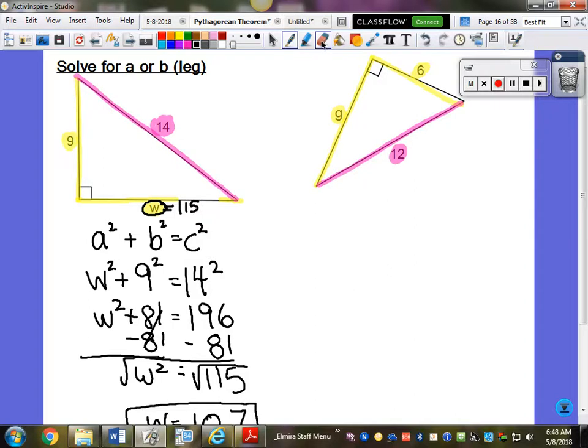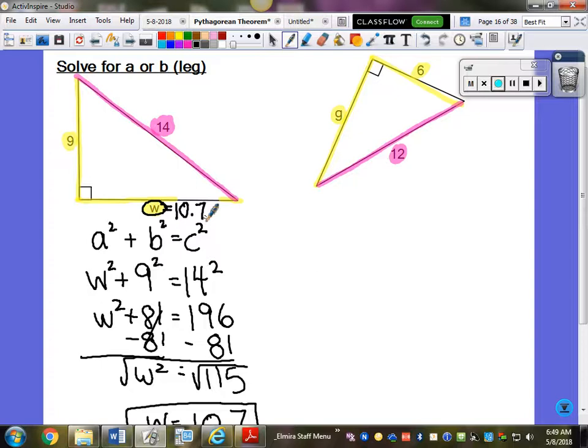Some people also try to do square root by dividing by 2, and that's not it. 115 divided by 2 would be 57.5, and again, that's still way too big. So look at your answer. You'll catch some mistakes that way if you find that the numbers are just way too large to go with the other numbers in the problem.